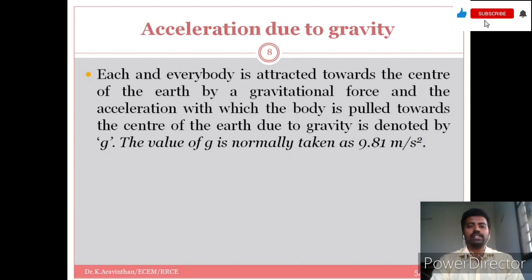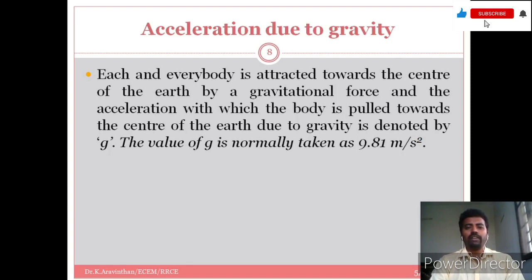And the next concept is acceleration due to gravity. So this is a very well known concept. All the objects in this world are being attracted by the earth. So irrespective of the mass of each and every component, the acceleration of attraction is the same. Even you can take a large aeroplane, it can have 100 to 1000 tons of self weight.